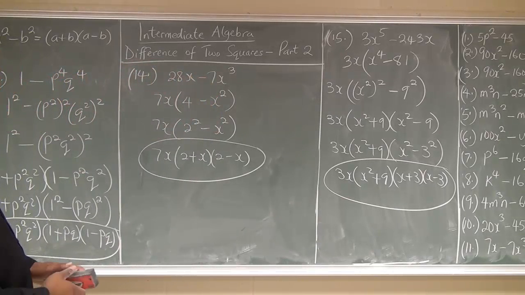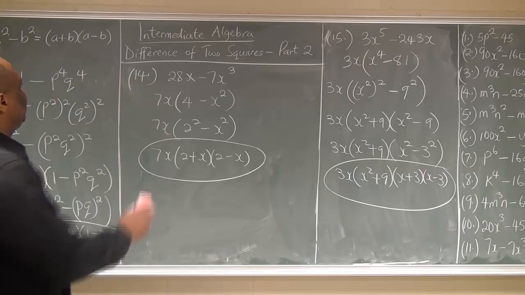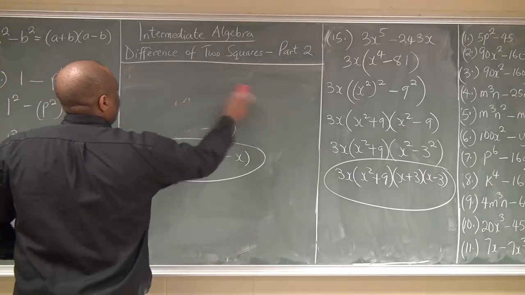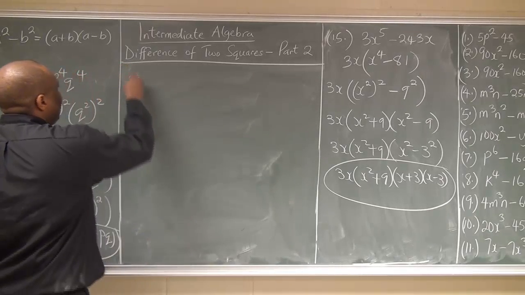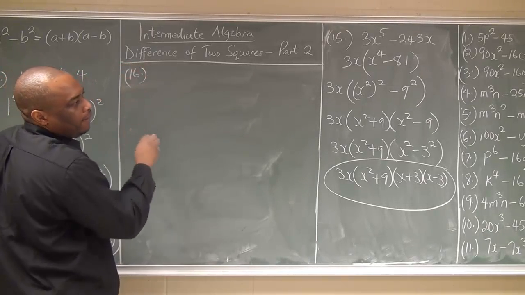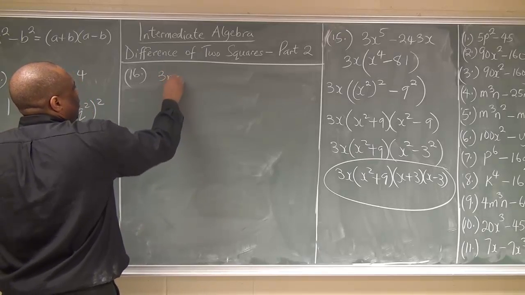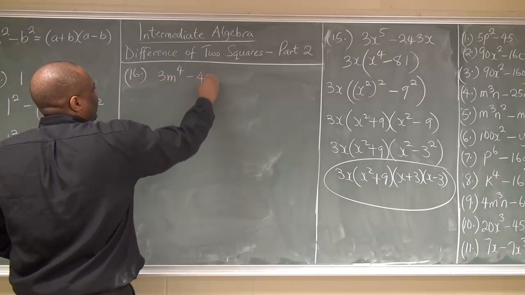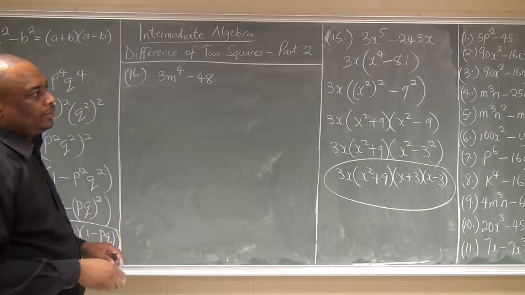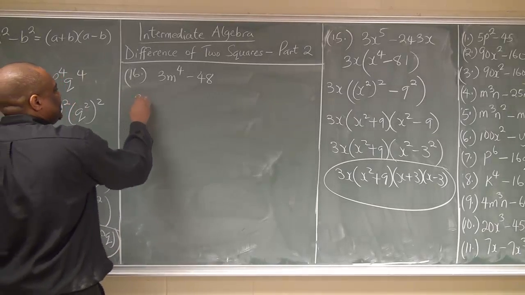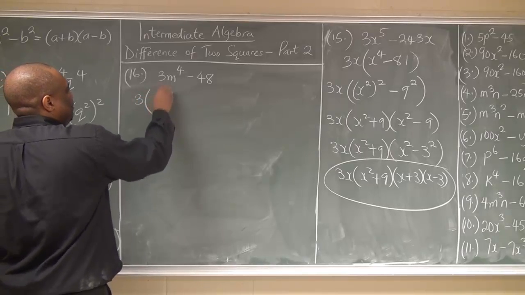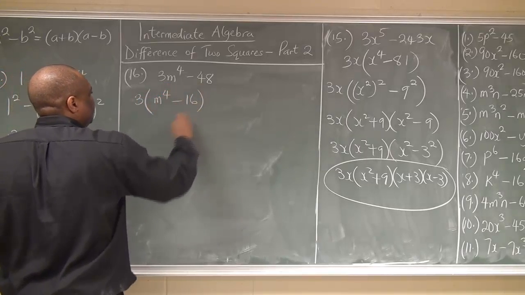Okay, last but not the least, let me do it here in the center. Last but not the least, question 16. 3m to the power 4 minus 48. What is the GCF? It is 3, and this is m to the 4 minus 16.